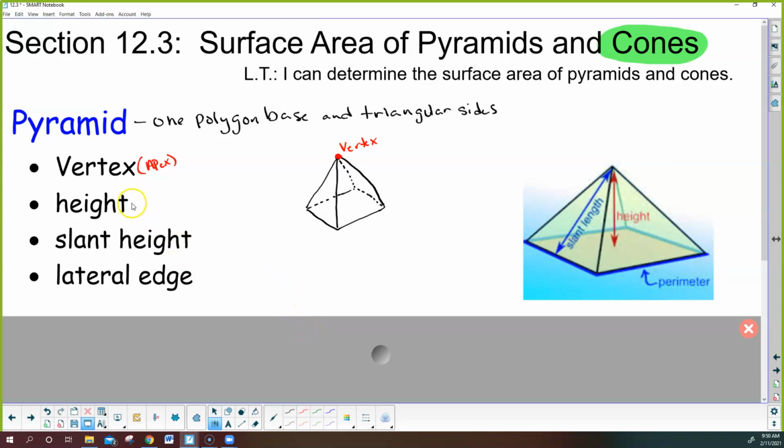Now, the next two are very important vocabulary pieces. When we talk about the height, it is always measured at a 90-degree angle, okay? And it's from the center of the base to the vertex or apex.